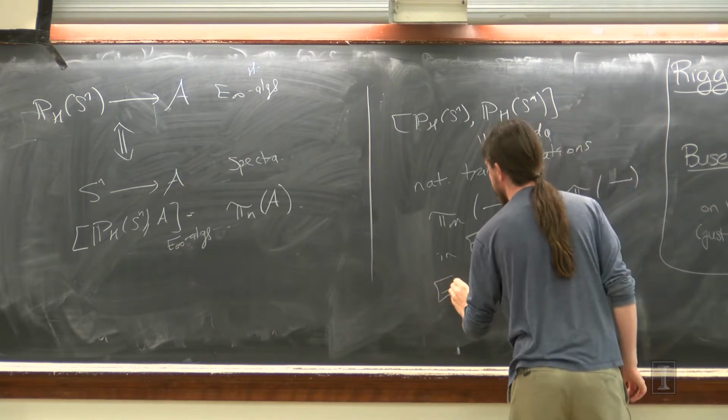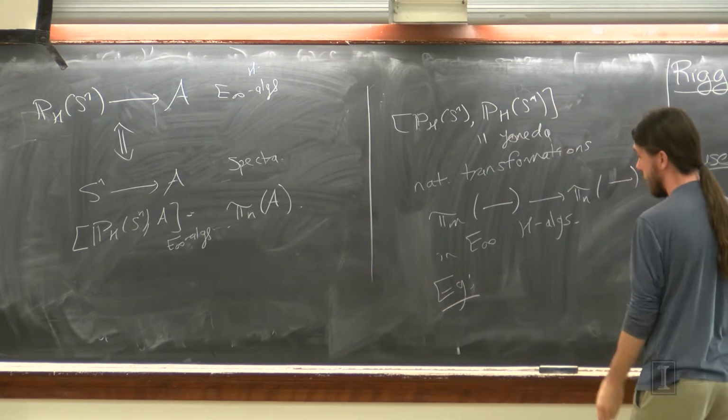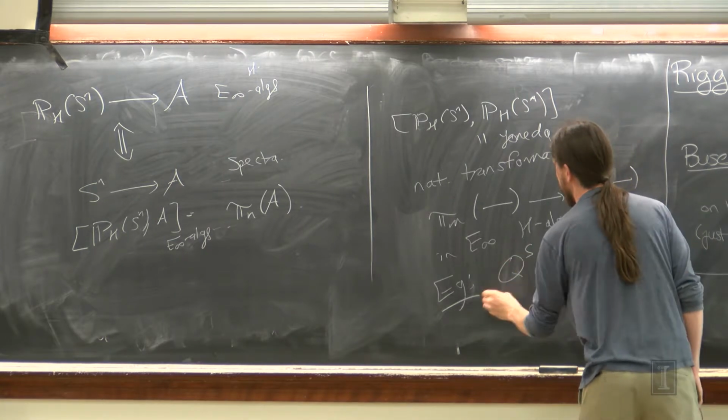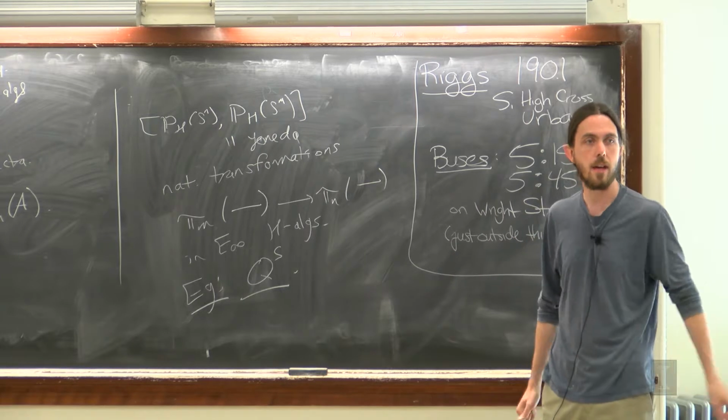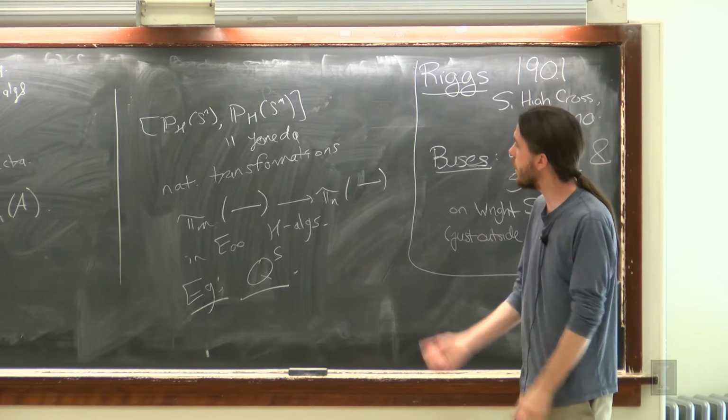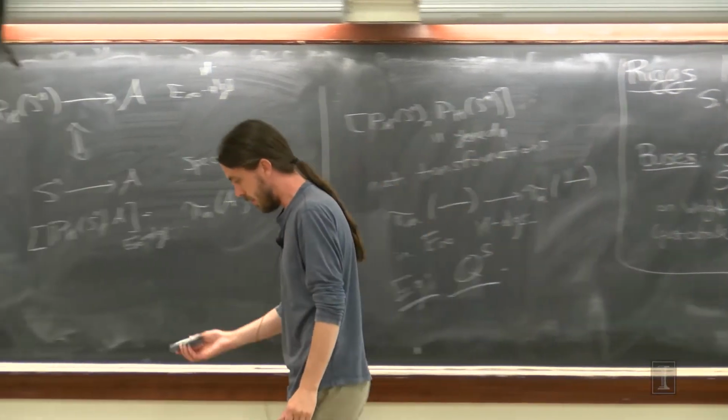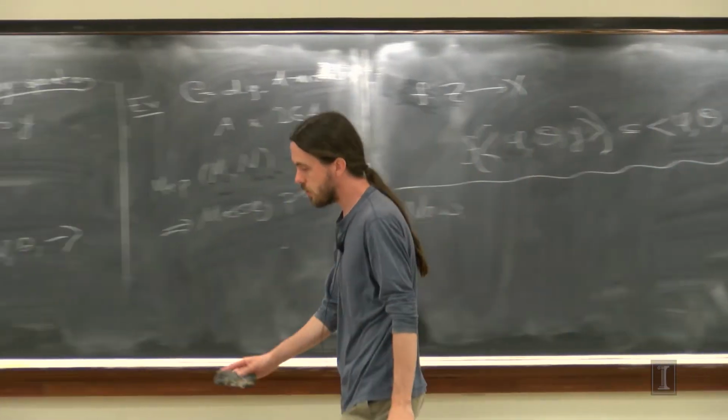So certain examples of these appear. For example, we have these Dyer-Lashof operations QS appearing as elements inside there. And we can recombine these operations in various ways.